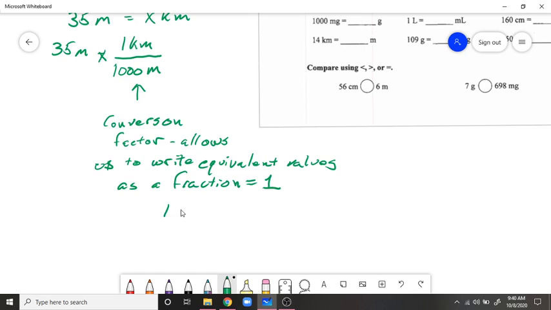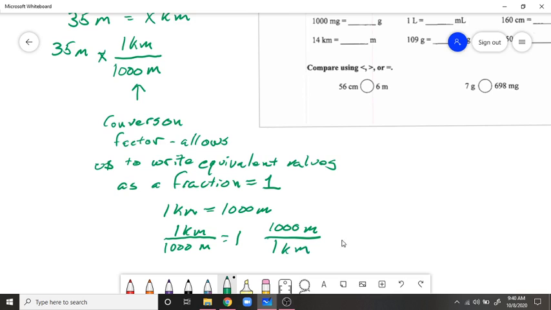So if 1 kilometer is equal to 1,000 meters, then I can write this fraction 1 kilometer over 1,000 meters, which is equal to 1, or I can write 1,000 meters over 1 kilometer. This is also equal to 1 because the top and the bottom of the fraction are equal values.